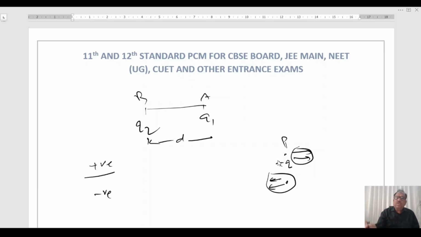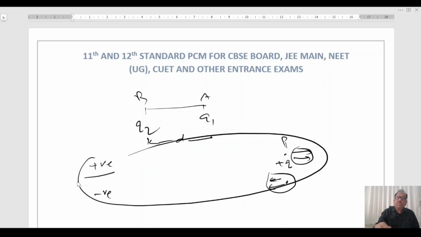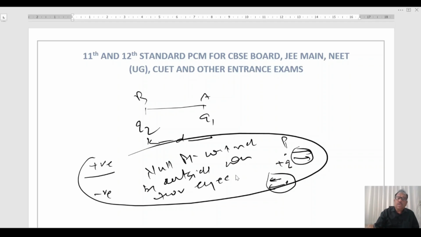Just change the sign, and the null point will not be outside when two charges are like in nature.